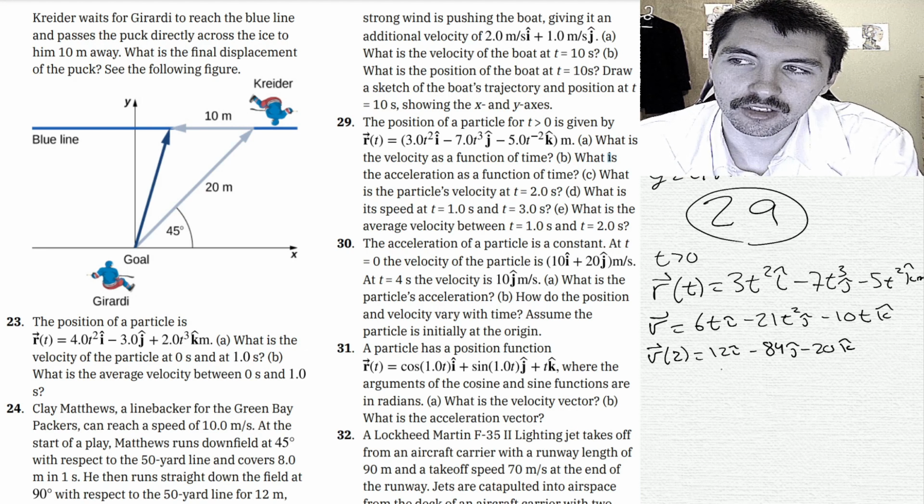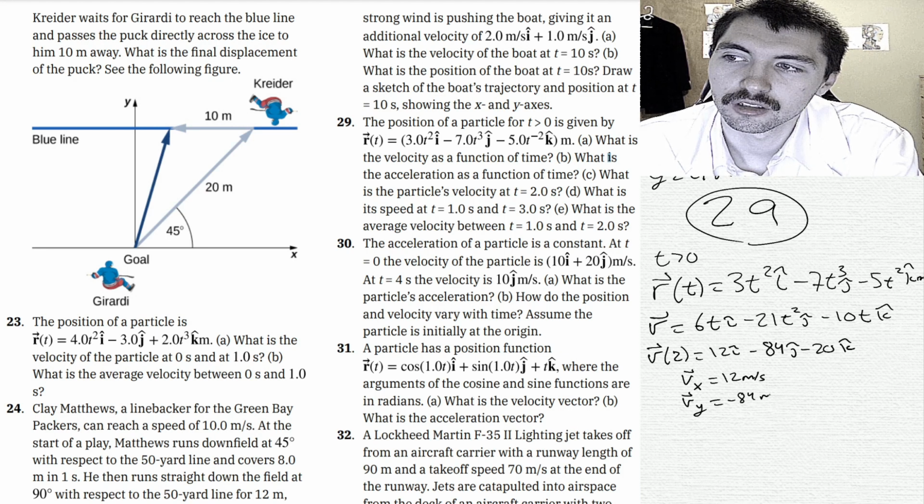So what is this saying? It's saying v x, the velocity in the x direction, is 12 meters per second. The velocity in the y direction is negative 84 meters per second.